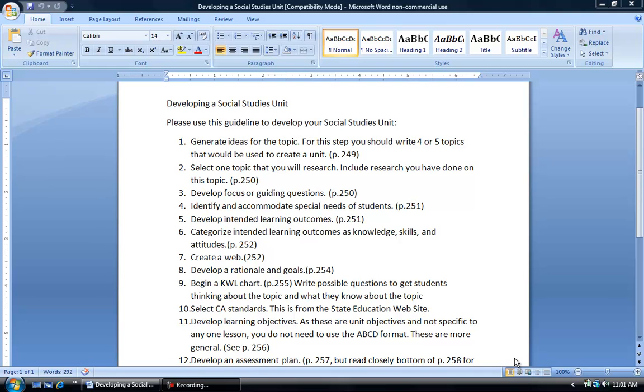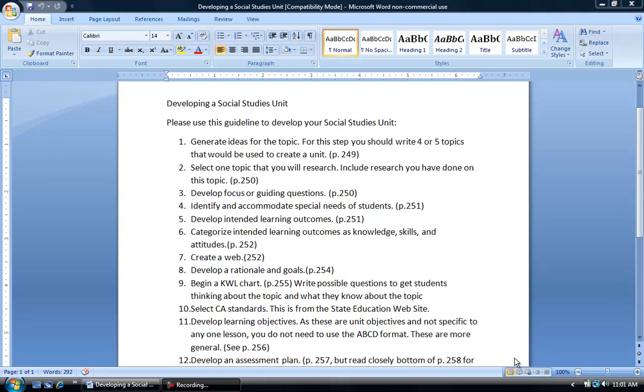And you may not be able to answer this part of the guide until you finish your unit, because it may look different if your unit incorporates a field trip, for instance, to some museum or some place where you may have some students who either have a physical disability and need additional assistance, or maybe a student who has been identified with ADHD, ADD, and you need to make sure that there is a teacher aide or a parent who is going to spend time with that student, especially if you're out of the classroom.